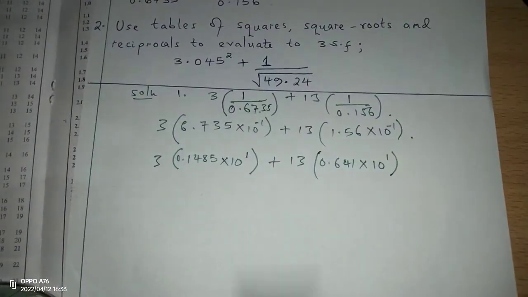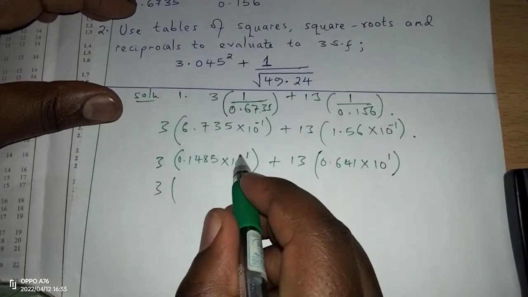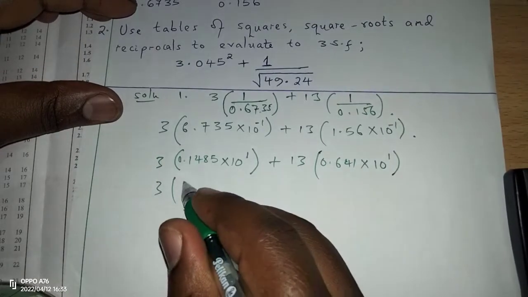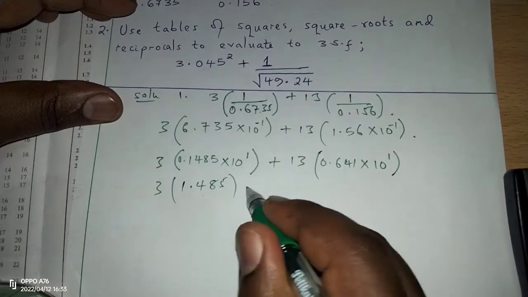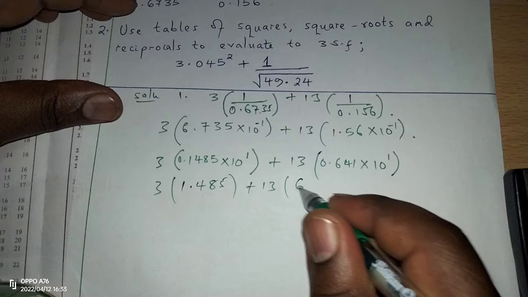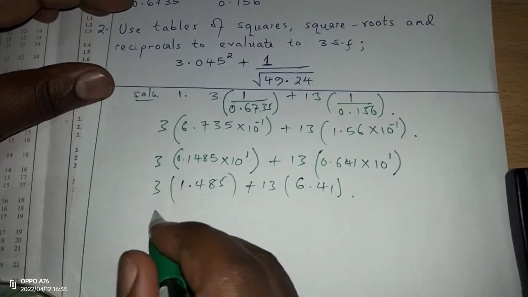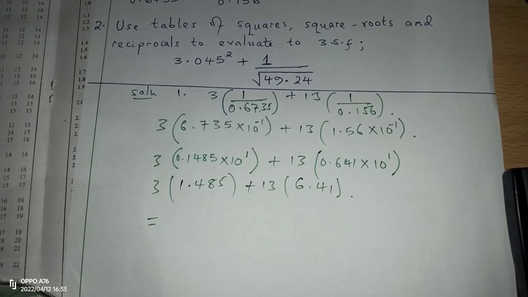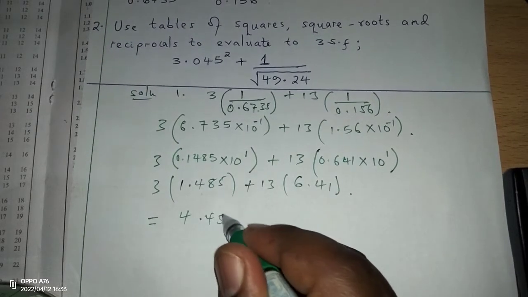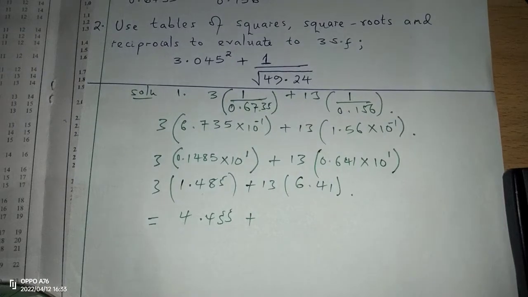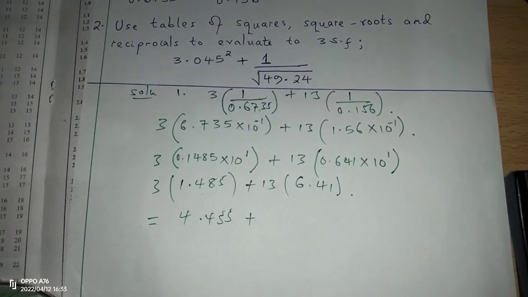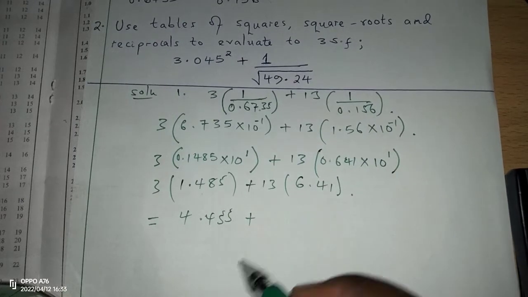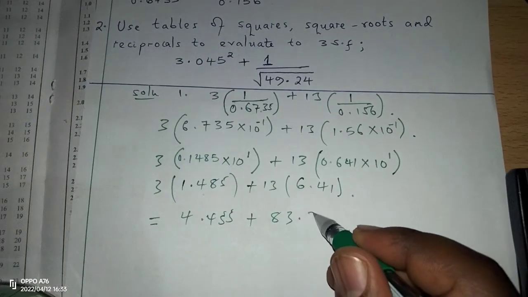So now we can compute. This is 3 multiplied by, when we multiply with the 10 power 1, this becomes 1.485, plus 13, this becomes 6.41. So this is going to be 3 multiplied by 1.485, which becomes 4.455, then plus 13 multiplied by 6.41, which becomes 83.33.